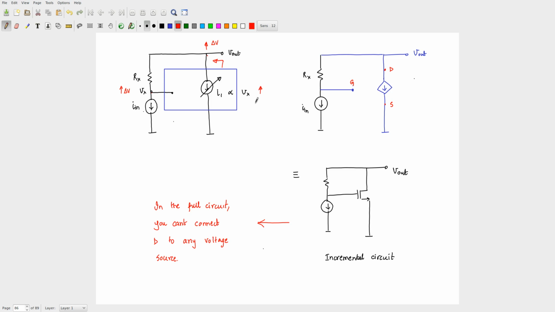Now Gm is infinity, so it will really give it a big kick, and it will compensate this delta V. So irrespective of what delta V you put in, all the current will be supplied by this I in itself. So you will not have any current that's required. So your resistance again is going to be 0. Or rather, you look at it the other way around.